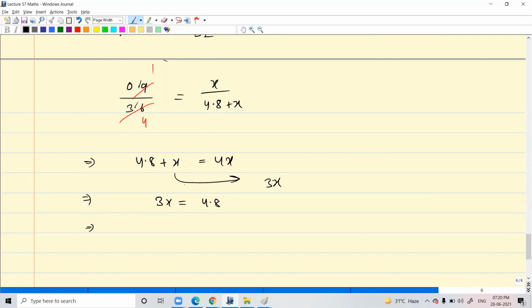It should have been 4.8 is equal to 3x, but I just interchanged the order and wrote it as 3x is equal to 4.8. You should be able to do that. Fine. So x is equal to 1.6 meters.